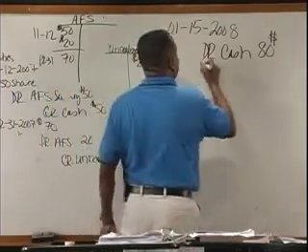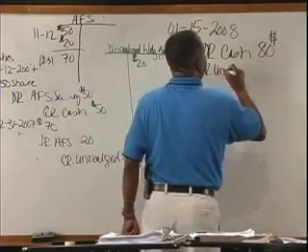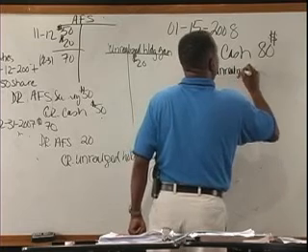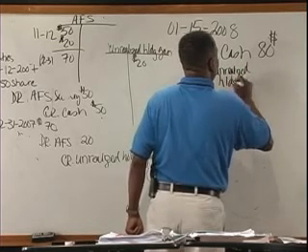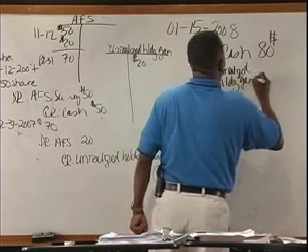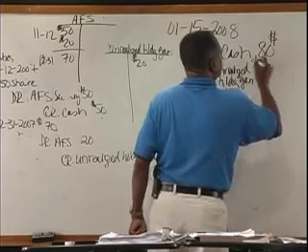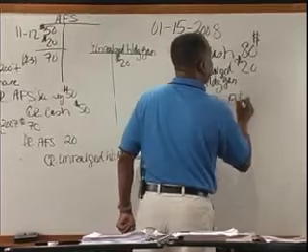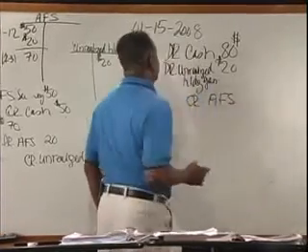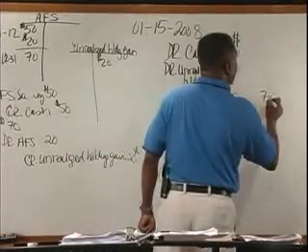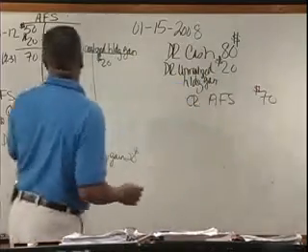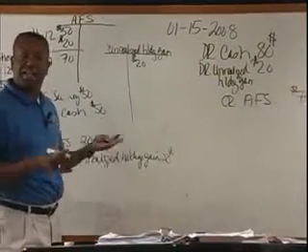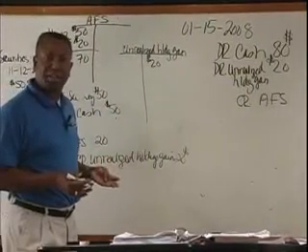So I'm going to debit unrealized holding gain for $20. Then I'm going to credit available for sale security for $70 because that's the balance in the account from the last time I marked it to market.